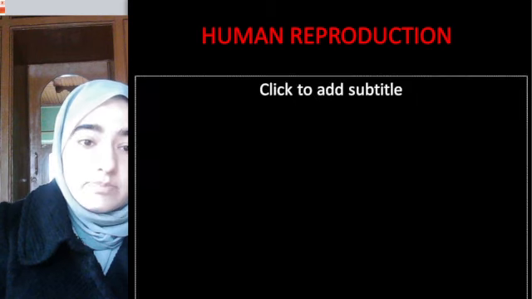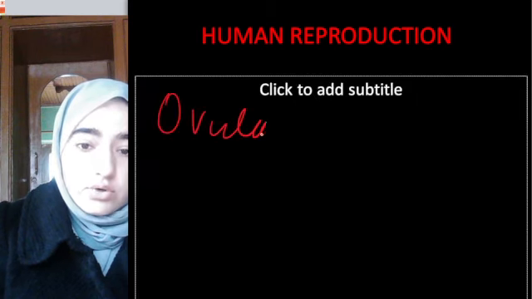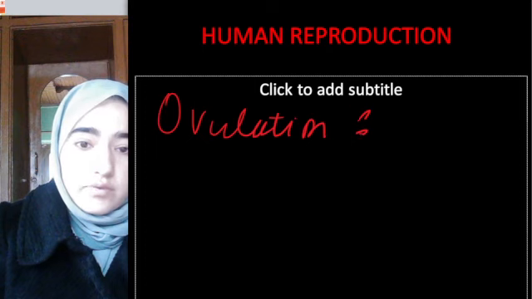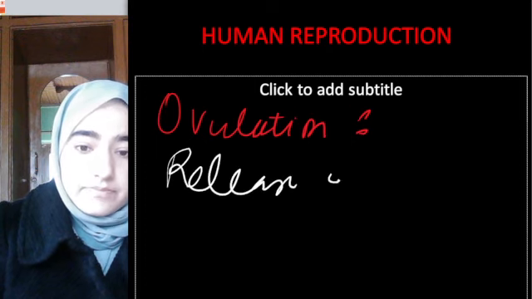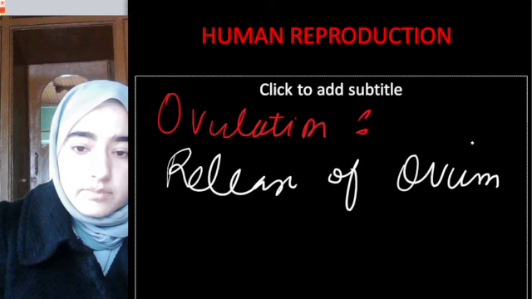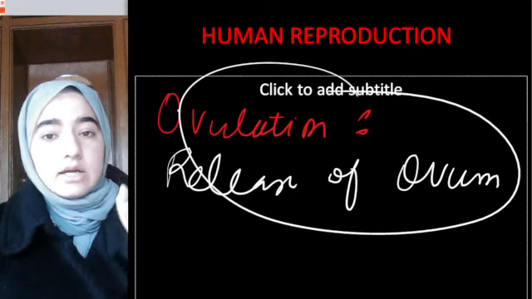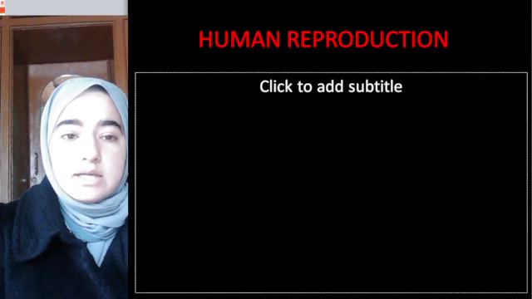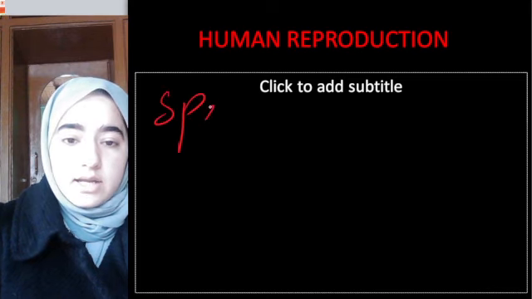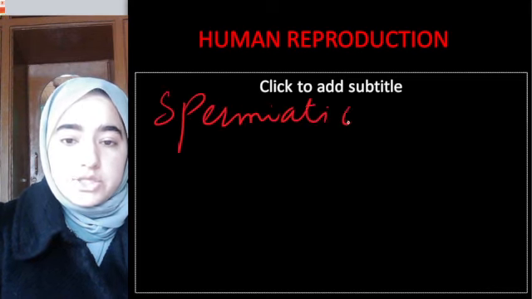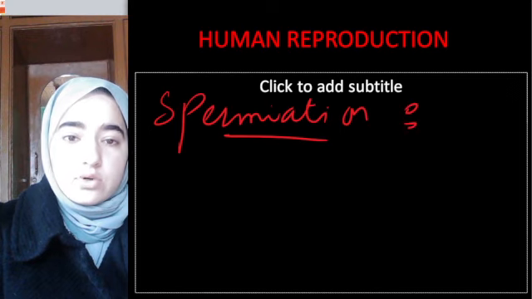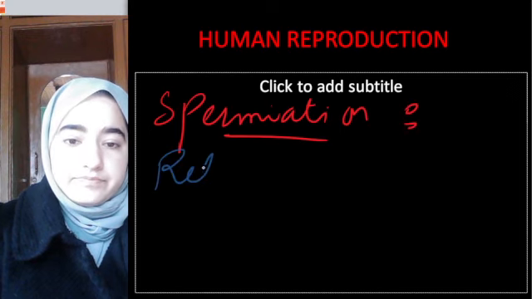There we had spermiation, but here we have ovulation. Ovulation means release of the ovum from the Graafian follicle. Release of the ovum is known as ovulation, but there in spermatogenesis we had spermiation, right? Spermiation simply means release of sperm.